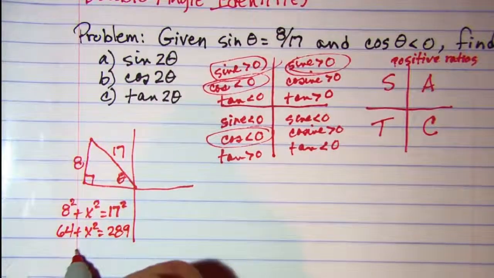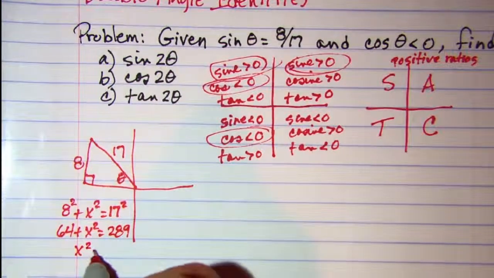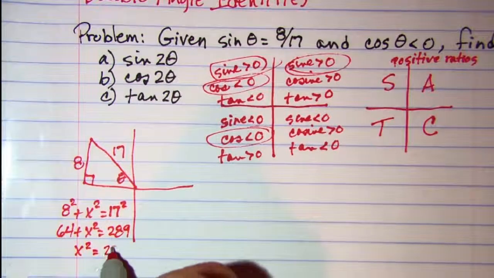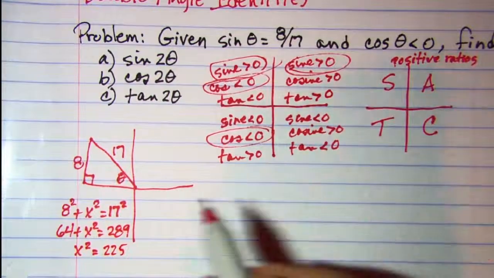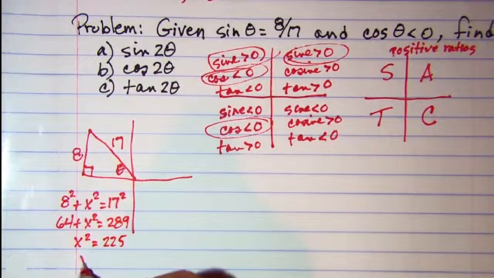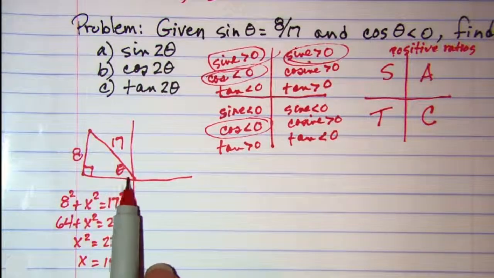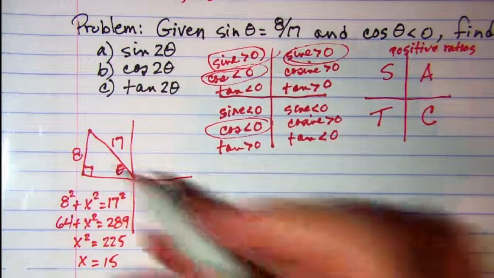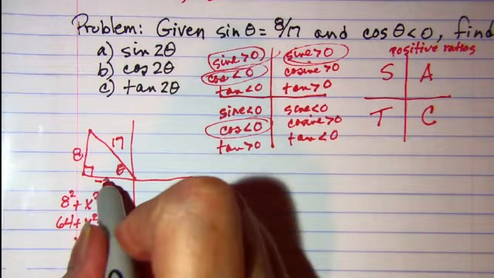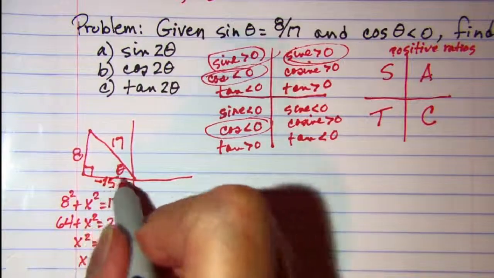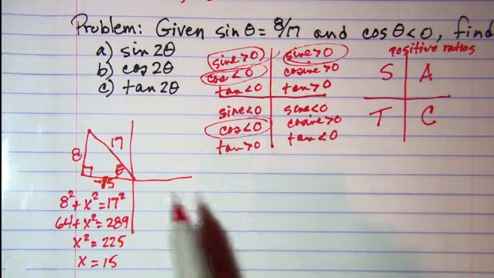Subtract 64 from both sides, so x squared is equal to 225, and x is 15. And since my x is to the left of the y-axis, then I'll use a negative 15 for the x value.